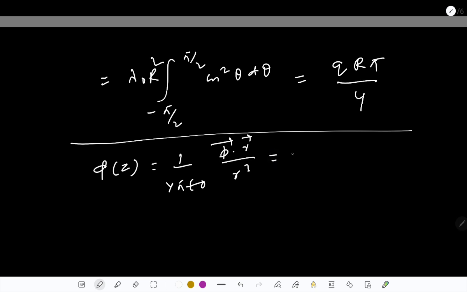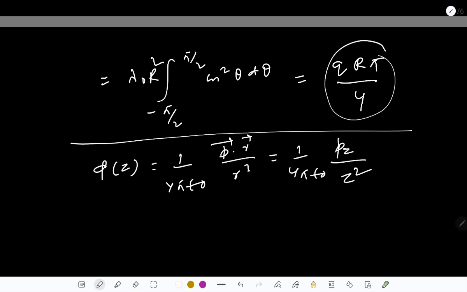This becomes 1 upon 4 pi epsilon naught, pz by z square, and you will get your result as qr by 16 epsilon naught z square.